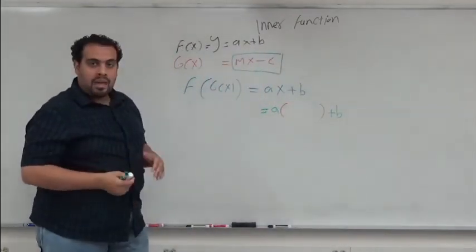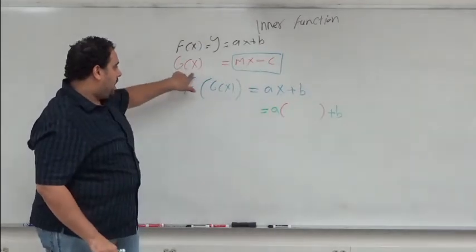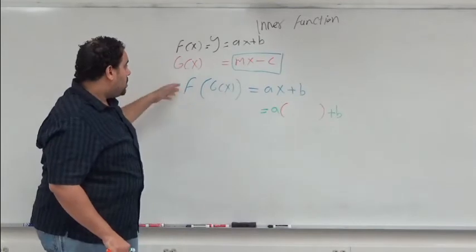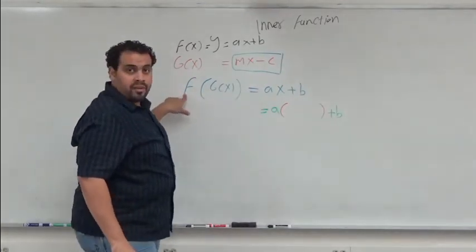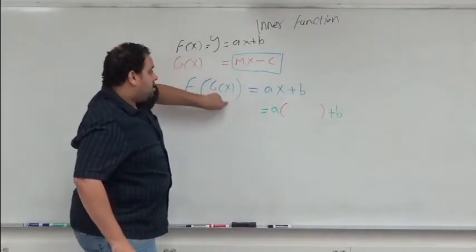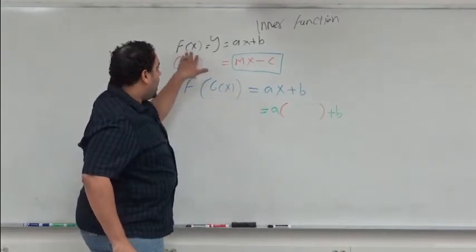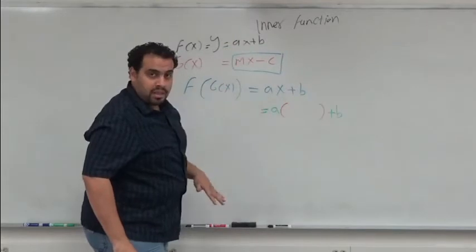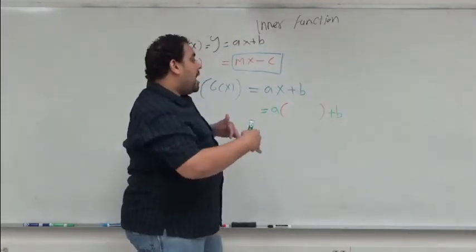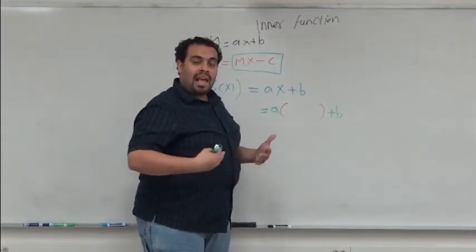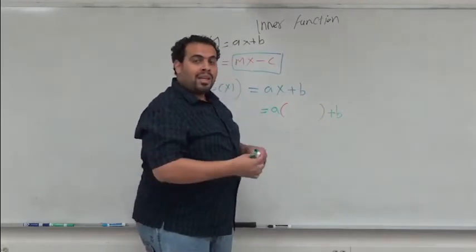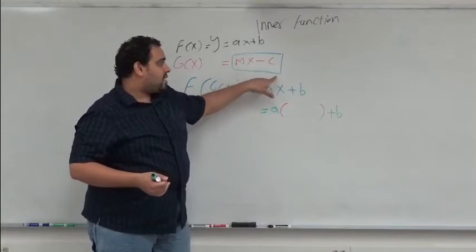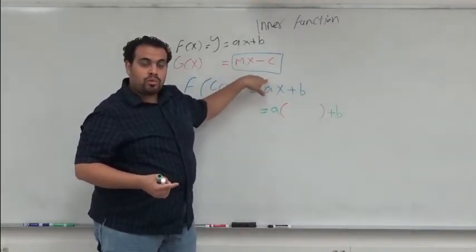Again, I'm trying to get the g of x inside the f of x. So I write f, then after that I put the g of x inside, then I put equal and write on the other side what f of x equals, ax plus b. Now I will reform it again with the actual work to get the actual g of x. So g of x here equals mx minus c. That's what you need to focus on.